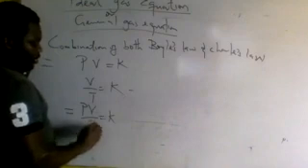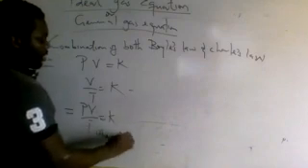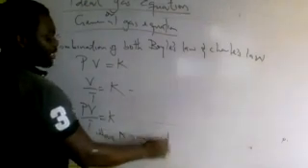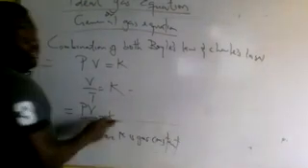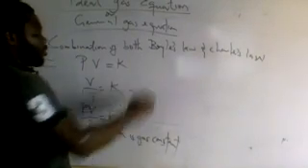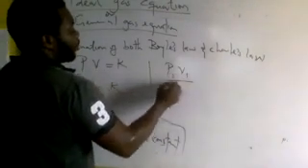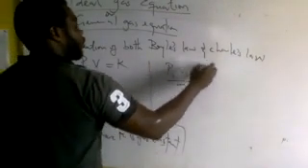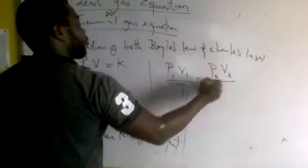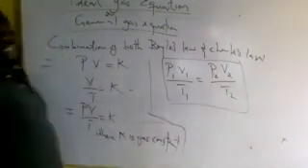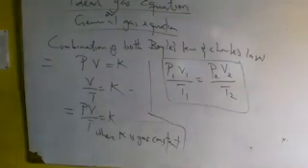Where K is the gas constant. In some cases, you can see it as R instead of K; it still means the same thing, the gas constant. By comparison, P1 V1 over T1 equals P2 V2 over T2. So that is your equation.